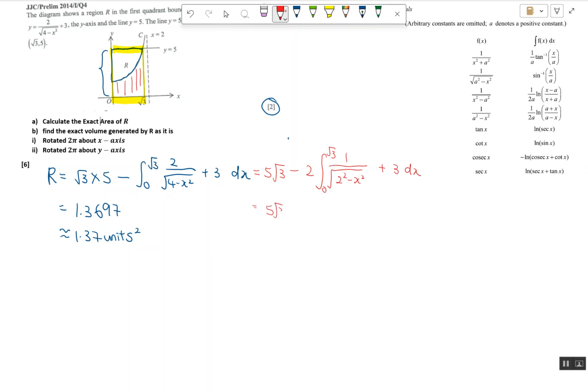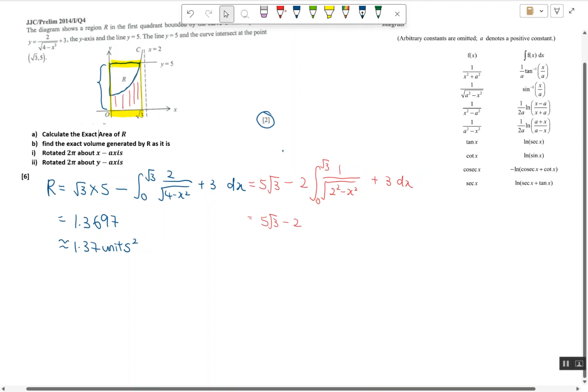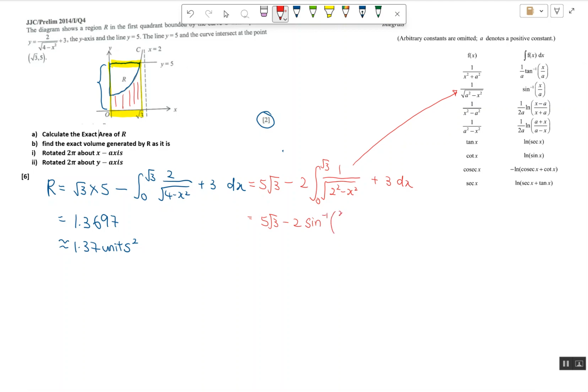That will be 5 root 3 minus 2. Now when I want to integrate this, when you see square root, there's only 1. It's sine inverse. Just apply the sine inverse formula, x over 2, with the definite integrals, root 3 and 0, plus 3x, root 3 and 0 over here.